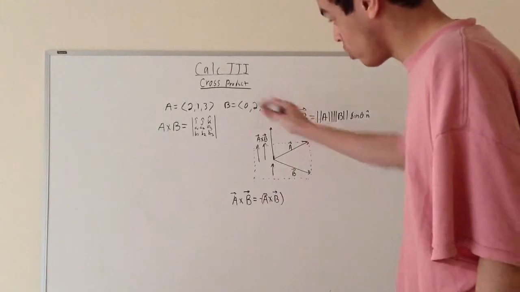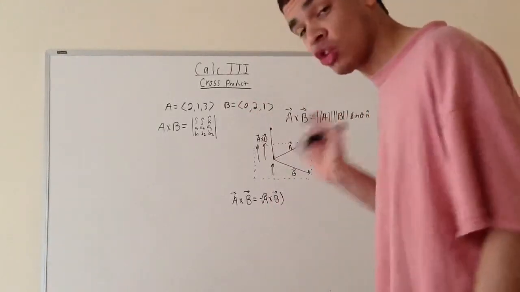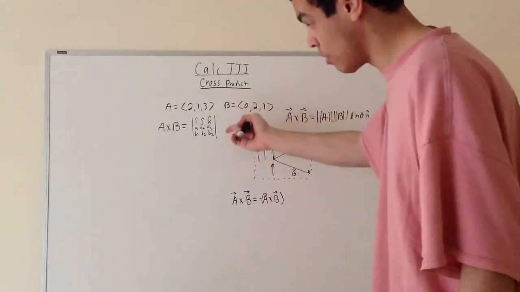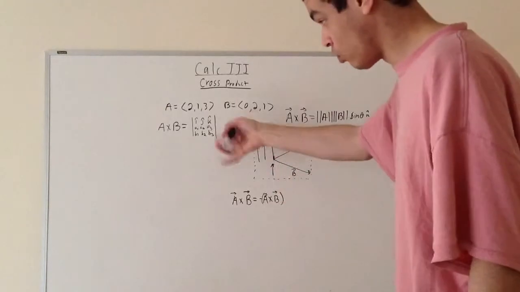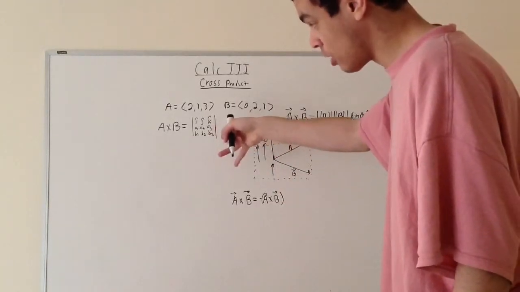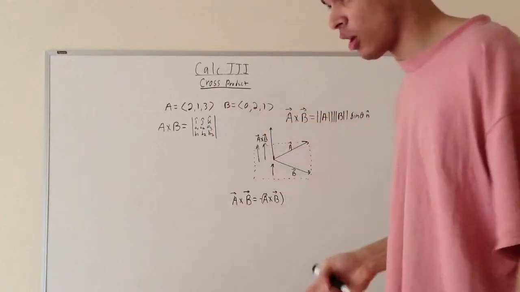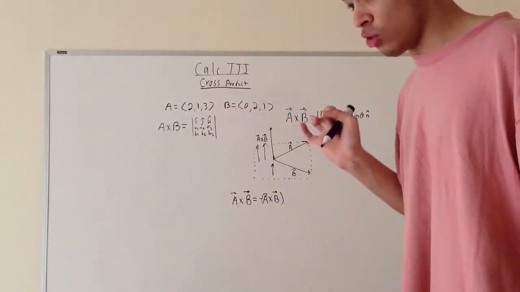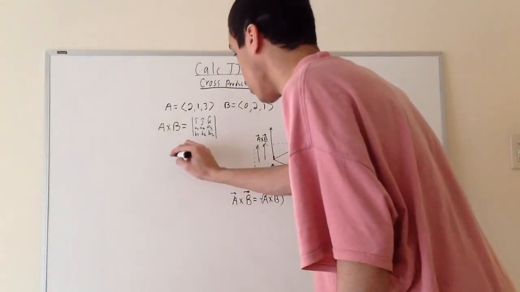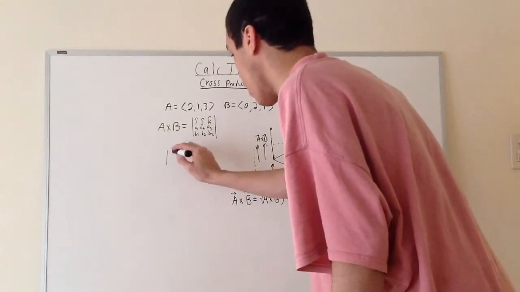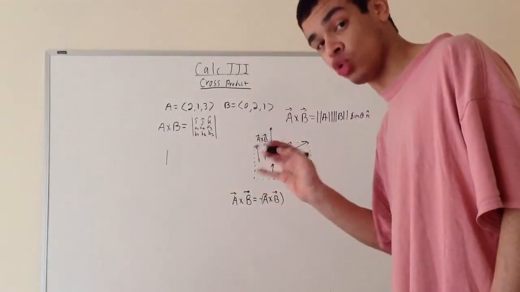The way you compute the component form of this, like I said, is not as straightforward. I have a 3x3 matrix here, and if you're not familiar with matrices, the determinant of the matrix will give you the cross product. To do the determinant of a 3x3 matrix, I'm just going to do an example. You break it up into three separate 2x2s.